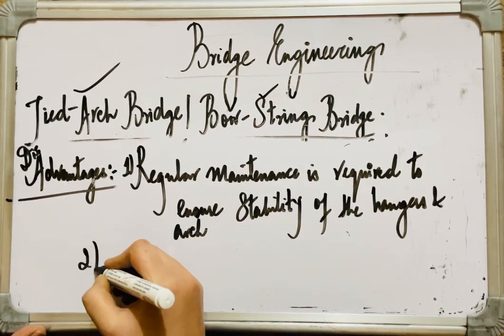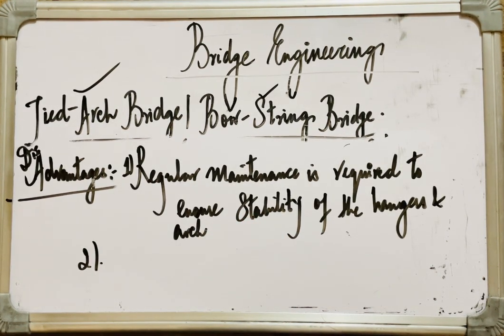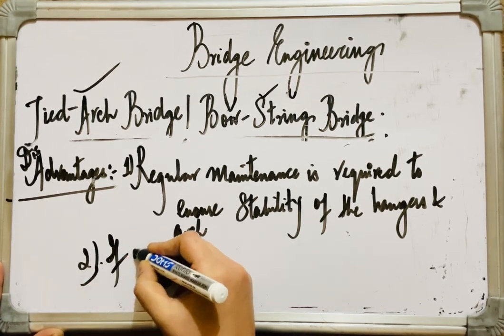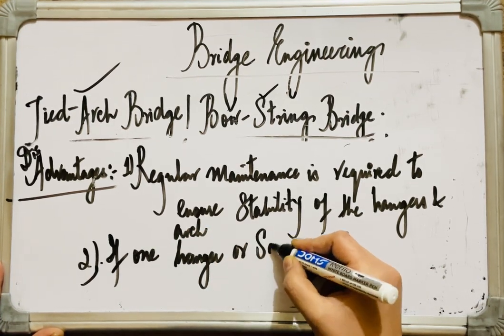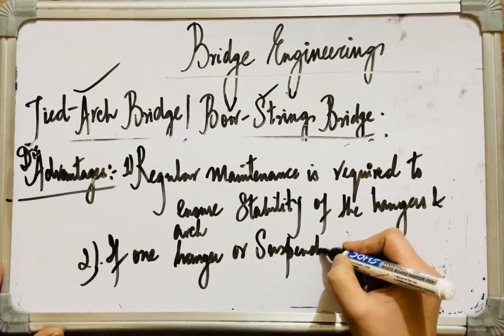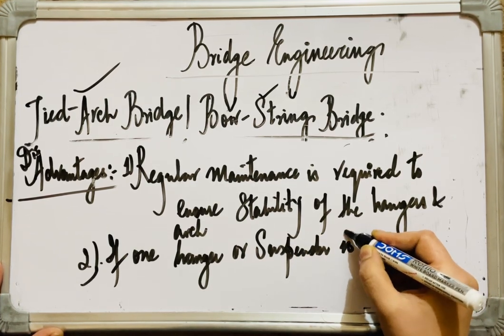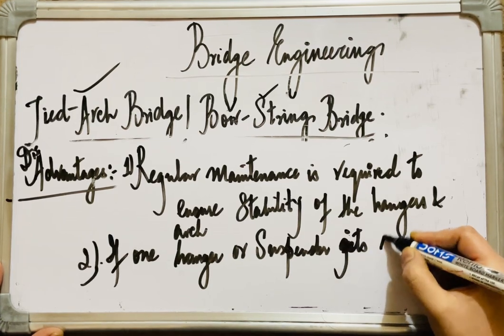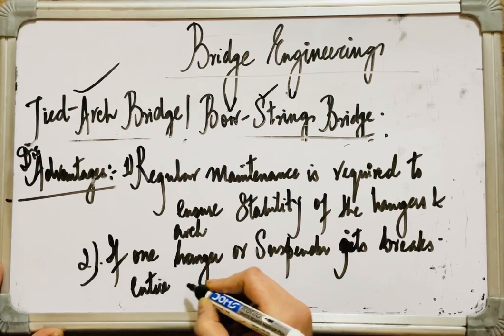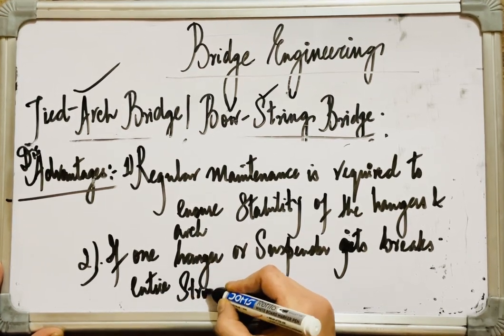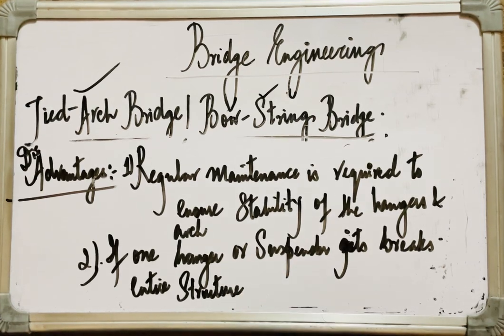The second drawback or disadvantage is that if one hanger or suspender breaks, the entire structure can be adversely affected, because it is these hangers or suspenders which transmit the load from the deck to the arch rib.